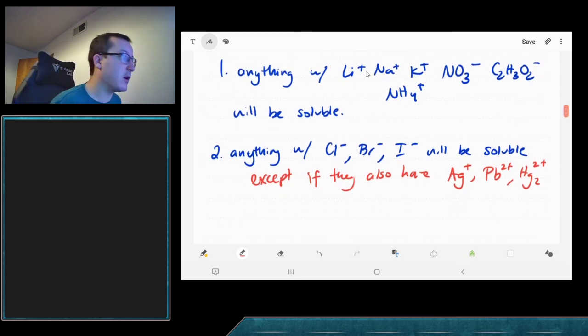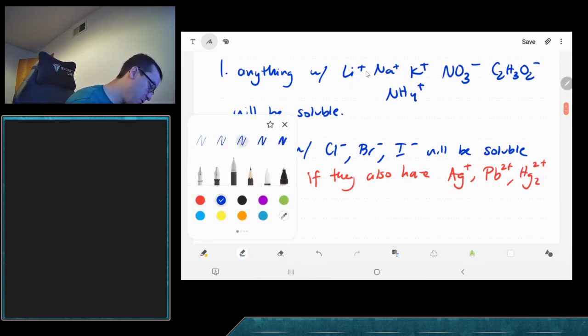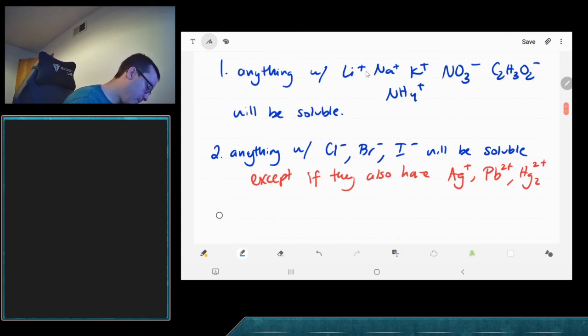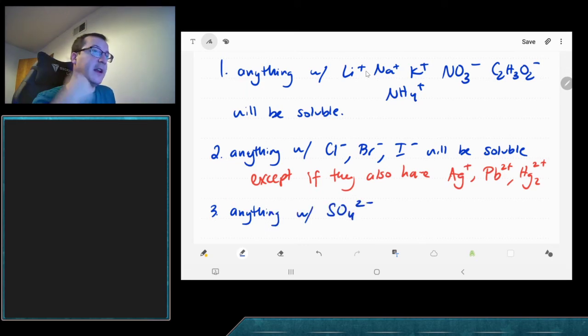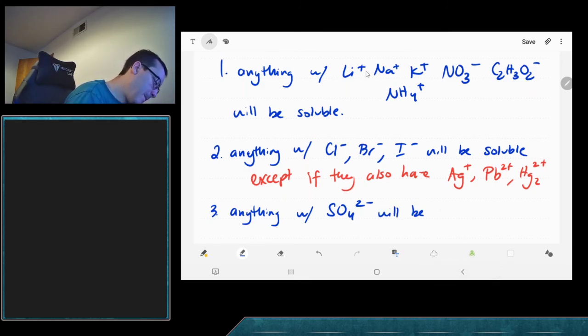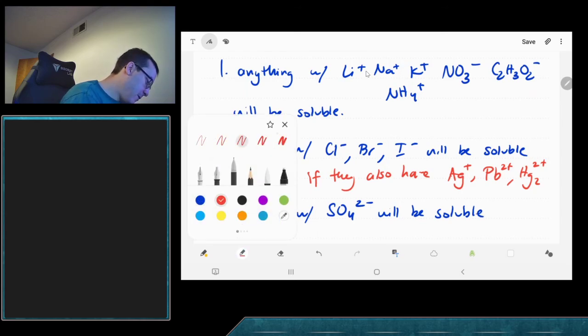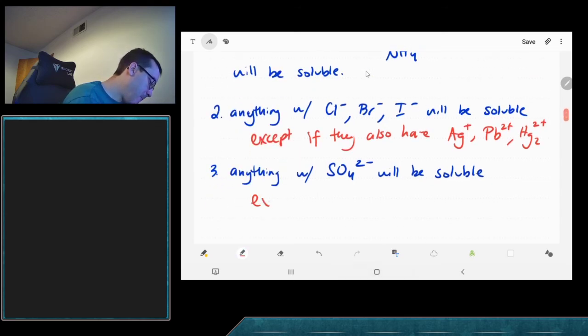All right, and our last rule here will be sulfate. So anything with sulfate will be soluble, but we have another exception here.